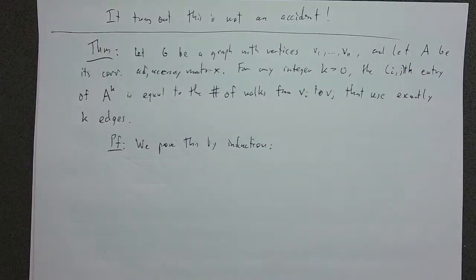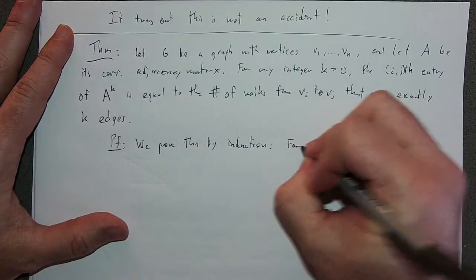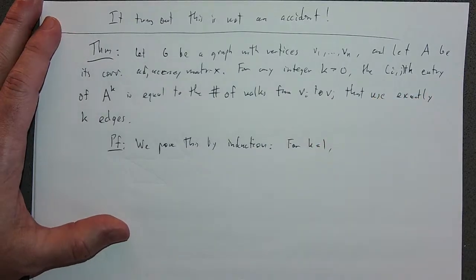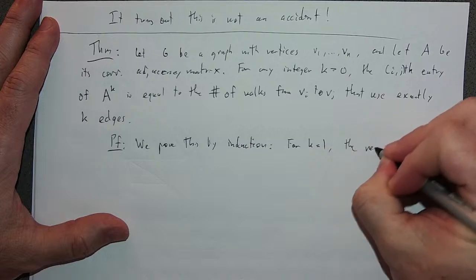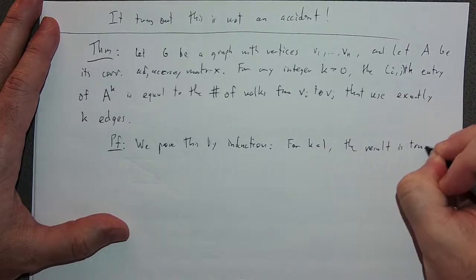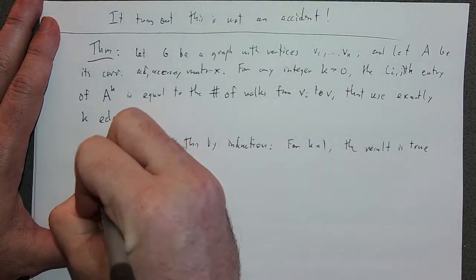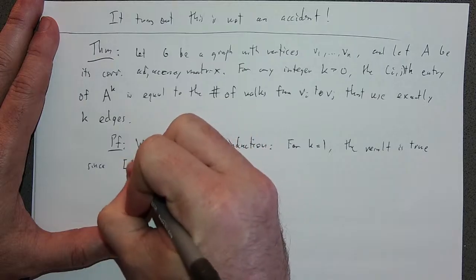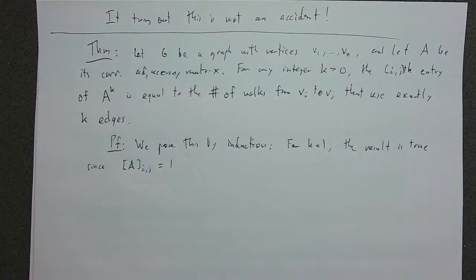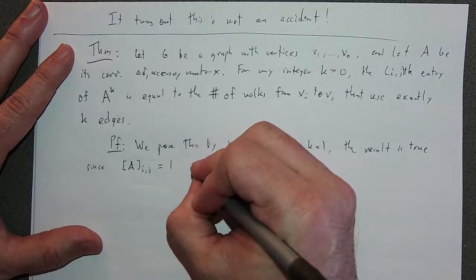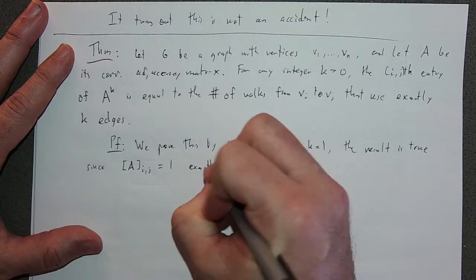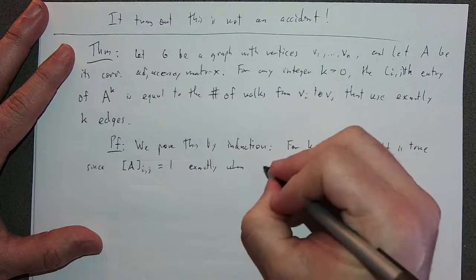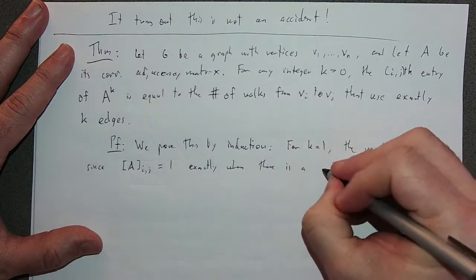So first of all, base case, k equals 1. The result is true, since the ijth entry of the adjacency matrix itself is equal to 1 exactly when there is a one-edge walk between Vi and Vj. This is just known as Vi and Vj being adjacent, right?